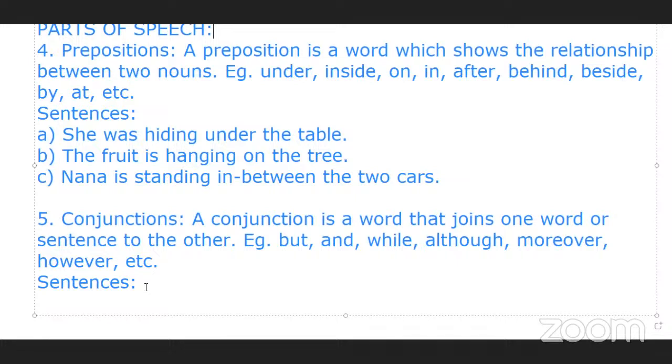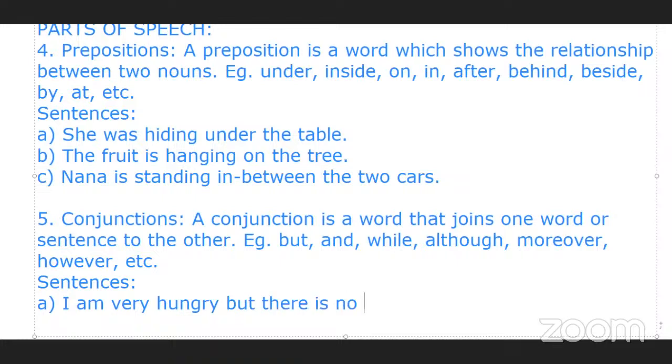It is joined to another sentence by a conjunction. Great. So let's write your example. I am very hungry, but there is no food in the fridge.